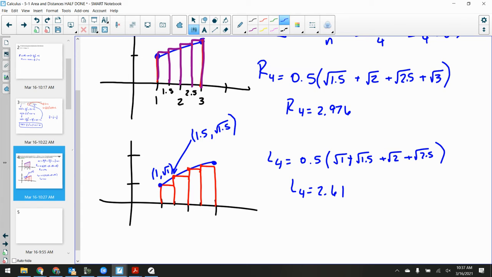So all I'm doing is taking the base of this rectangle times its height, which is the y value here. That's why I'm adding in the square root of 1.5. If it's different, then you might do something different. Exactly. That's why in the homeworks it was that 1 over x. It was 1 over 1. This would have been 1 over 1.5 or something like that. Does that make sense? Yeah. That's why in the notes we were looking at just y is equal to x squared. So that's why it was just those x values being squared within the parentheses.